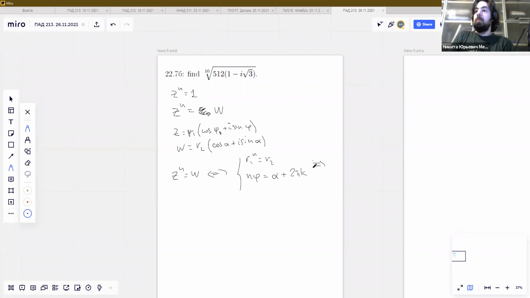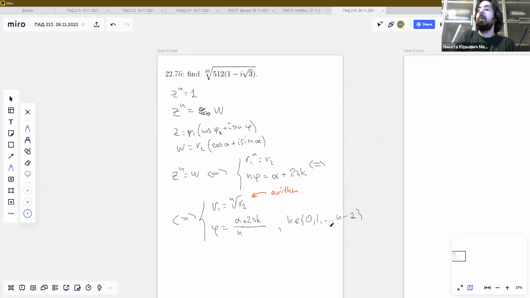So this is obviously equivalent to the following. R1 equals the nth root of R2, where this root is the arithmetic root, the usual root we already kind of know and can use. And this, well, I can divide by n. So I obtain this general formula, where I remind you it is logical to consider only k from 0 to n minus 1, because after this, it's easy to see that the values will repeat.